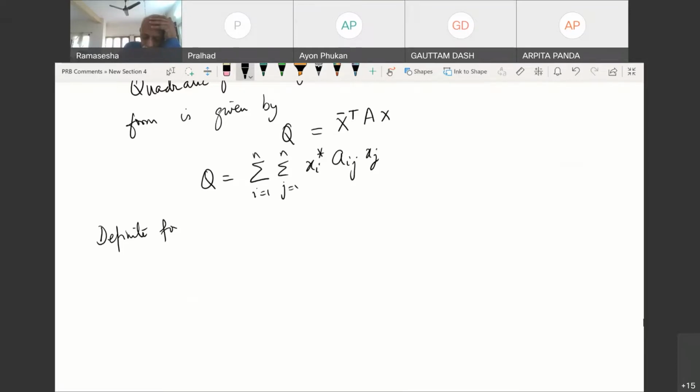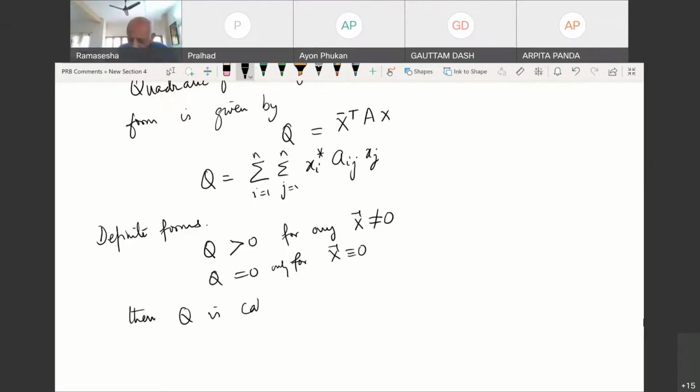If Q is greater than 0 for any x, and equal to 0 only for x identically equal to 0, Q is called positive definite. And I'll just prove a theorem. It's a simple one.